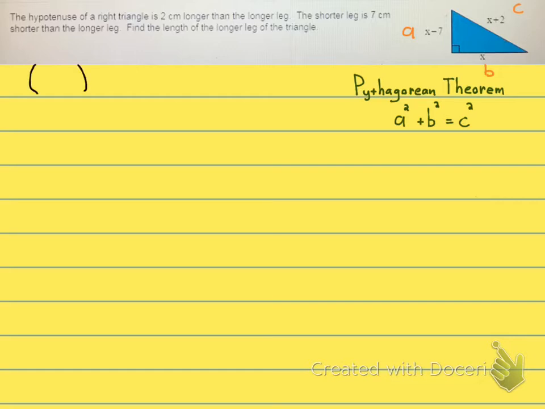So A squared plus B squared equals C squared. Now our A, we labeled as x minus 7. Our B is just x, and our C is x plus 2.